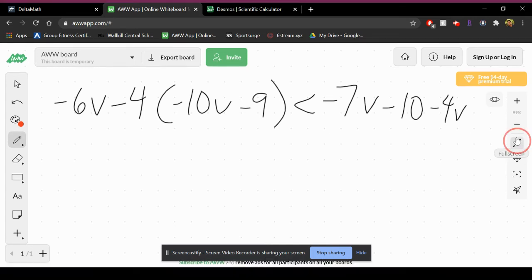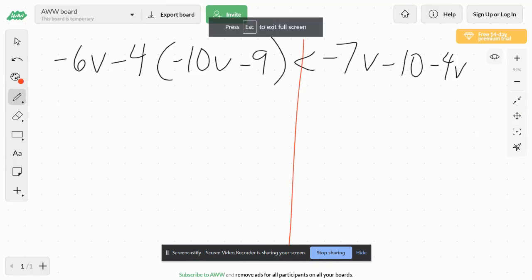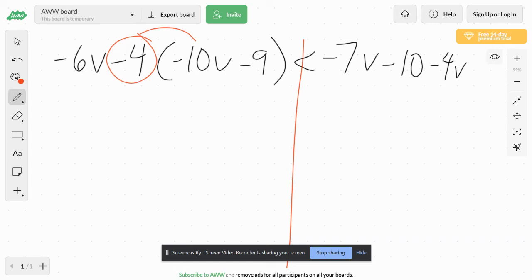Full screen right here. Line down the inequality. Over here, I'm going to distribute. Be careful. Distribute the negative 4. So that becomes positive 40v. And when you distribute the negative 4 to this one, it's positive 36. Bring down the negative 6v. Then I combine like terms.